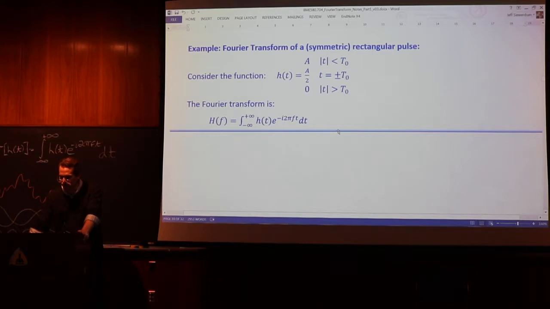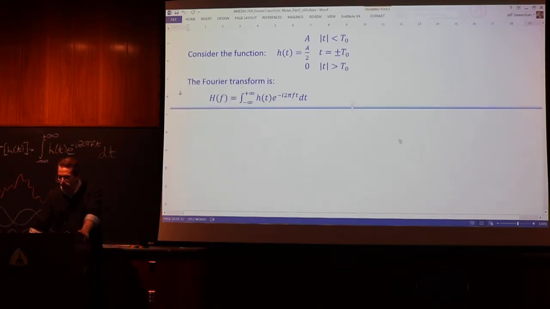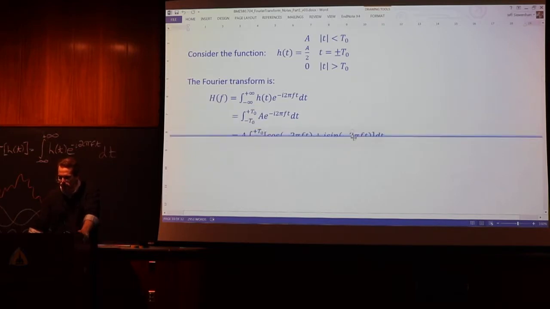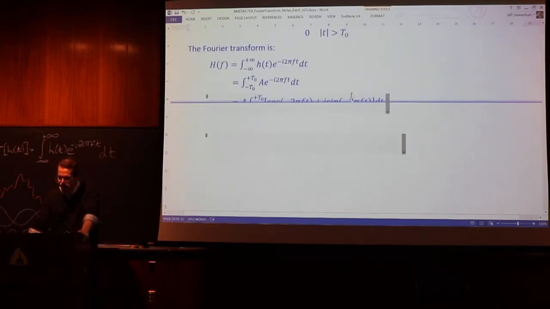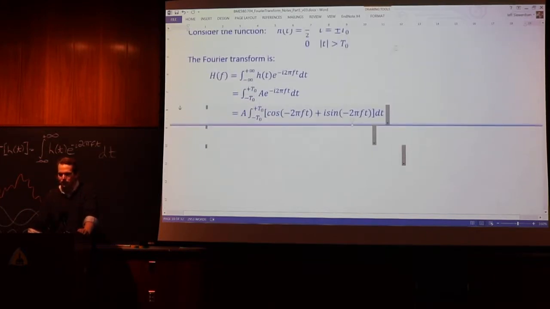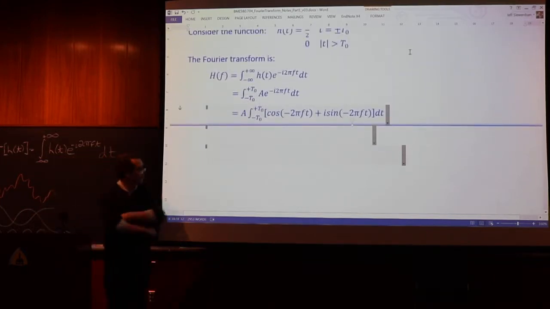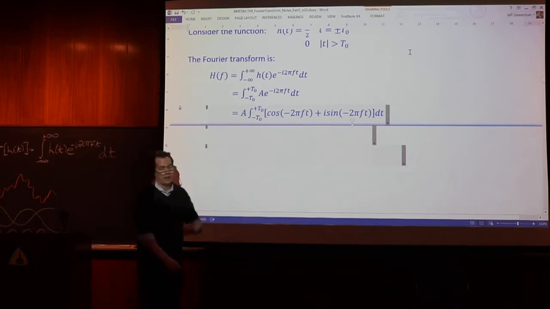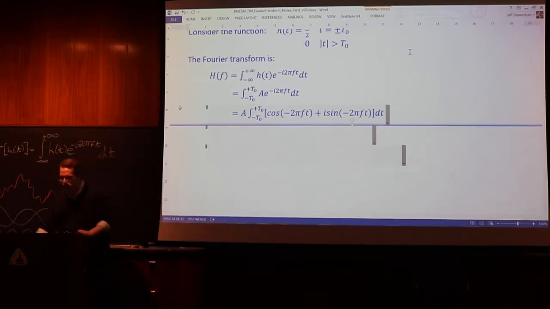All right, so the Fourier transform is here. If I asked you, which I will, to write out or solve the Fourier transform of that, you should be able to do so. So let's start. We start by plugging in the function, which is just a, but it only has non-zero value between minus t naught and plus t naught. So I'm just going to change the limits of integration, right? And then here's the complex exponential.